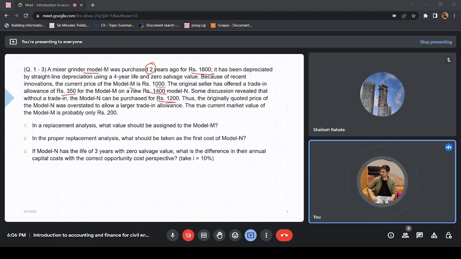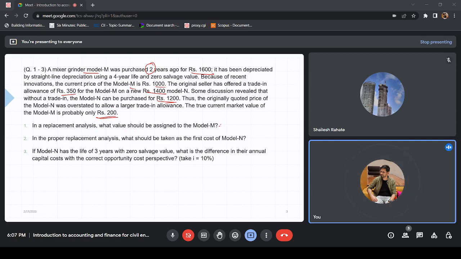So the originally quoted price for model N was overstated to allow a larger trade-in allowance. But the true current market value of model M is probably only 200. If you just take your mixer today and go to the market and sell, you will fetch only rupees 200. So the question is, in the replacement analysis, what would be the value assigned to model M?